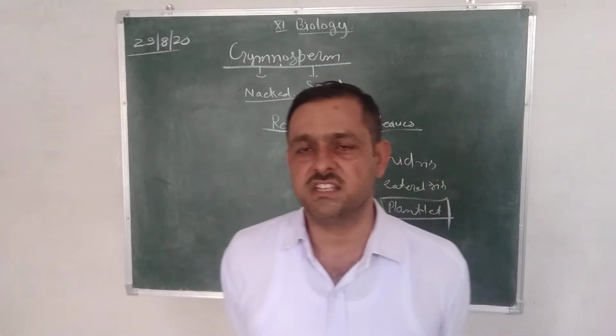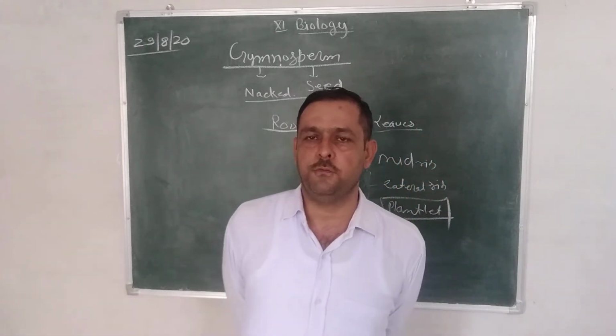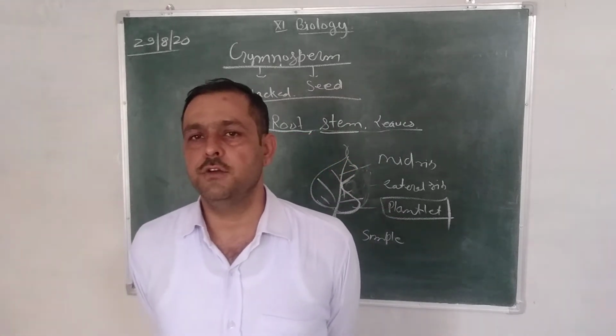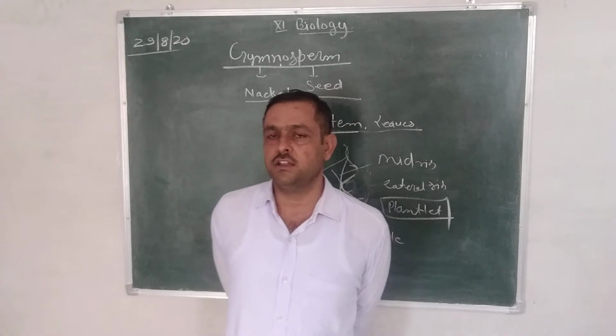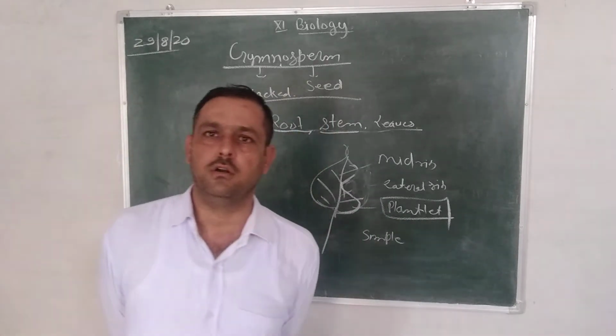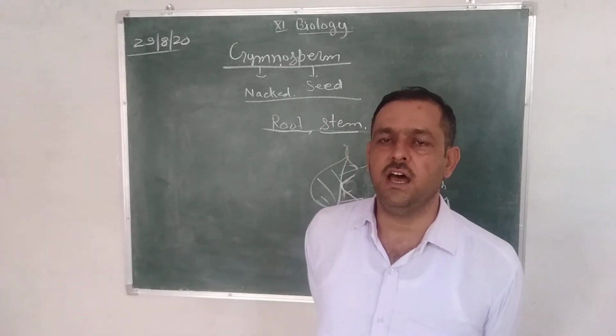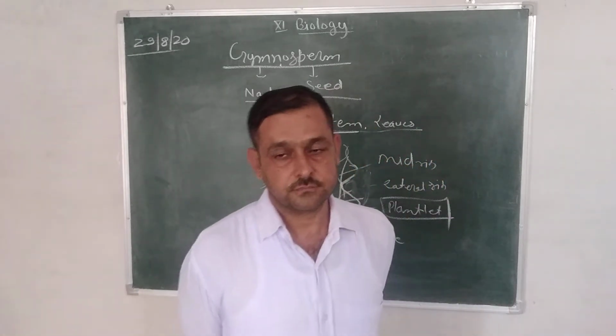And just like angiospermic plants, gymnosperms also have needle shaped leaves, and a thick cuticle is found on the epidermis of the leaves to prevent transpiration.